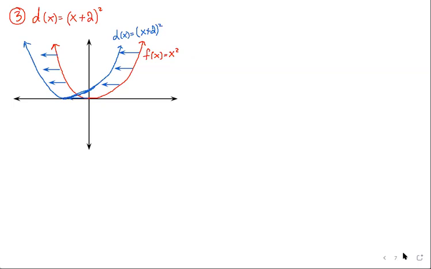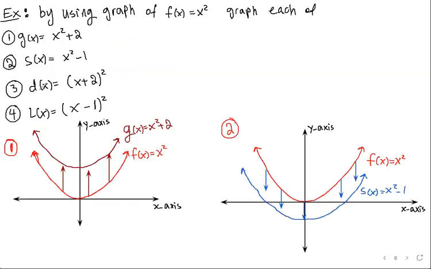Here, L of x. We shift the whole graph to the right one. The red ones look like this. No, you don't have to graph every time, like in your exam questions, you don't have to graph the original function.